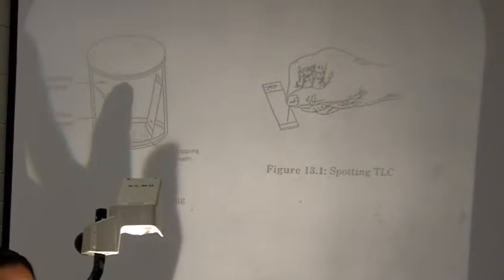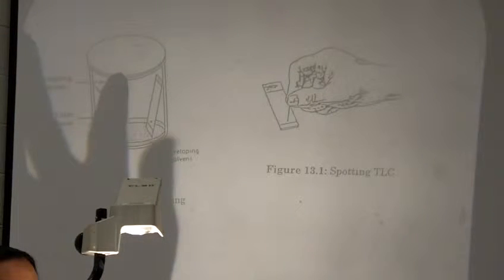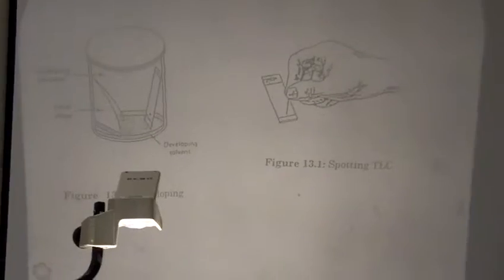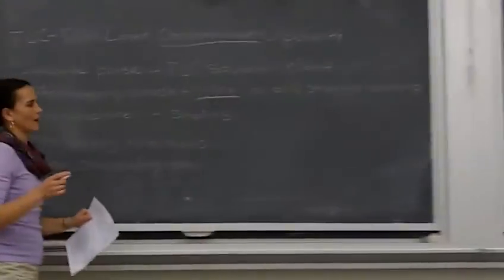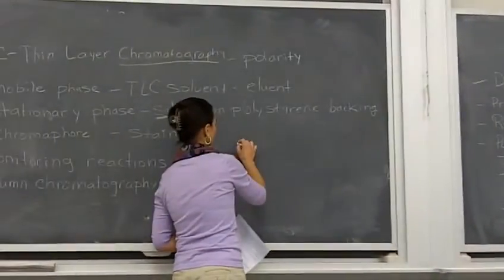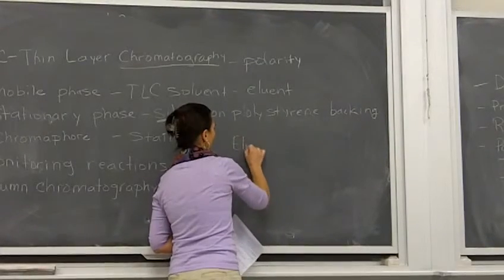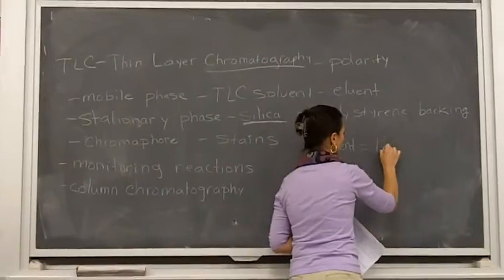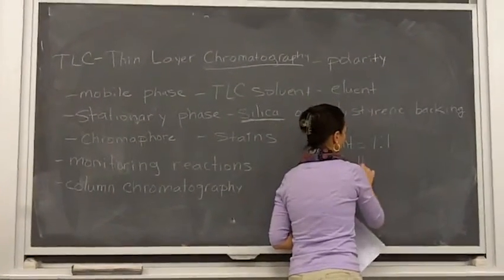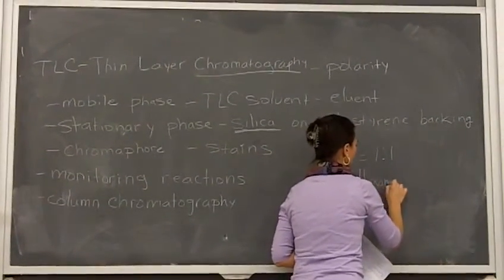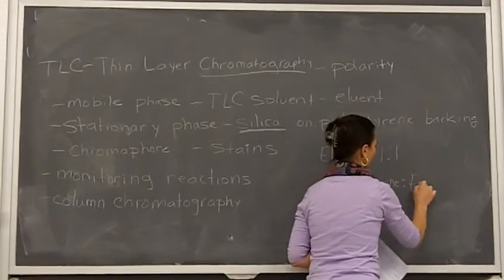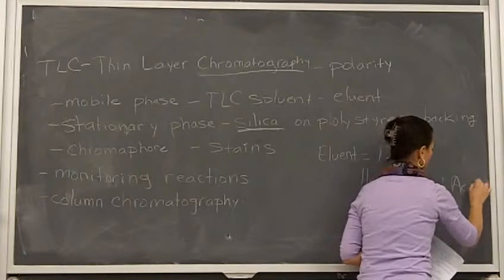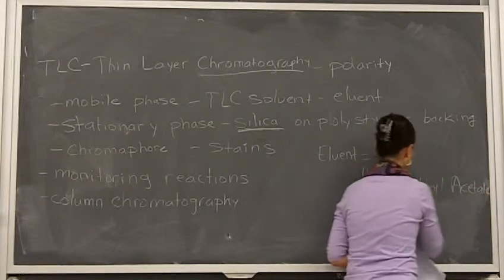The way to prepare this chamber is you will have eluent, and the thing to be careful of with this is our eluent and our reaction solvent are very similar. So our eluent is 1:1 hexane to ethyl acetate. So 1 part hexane, 1 part ethyl acetate. It's a 1:1 mixture. Okay? That is what you use this week.